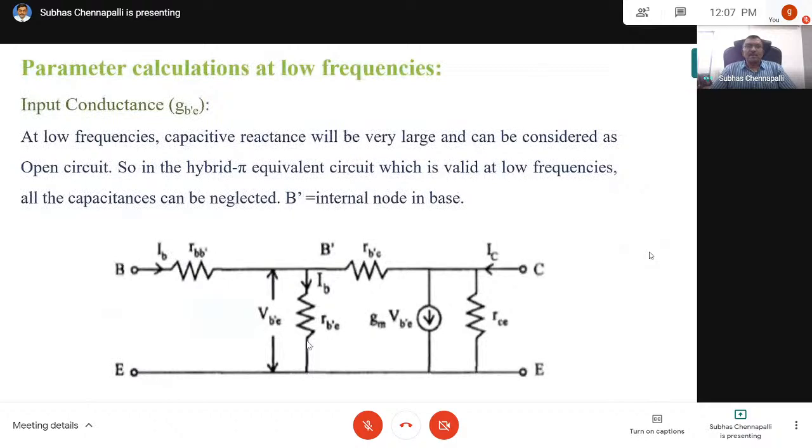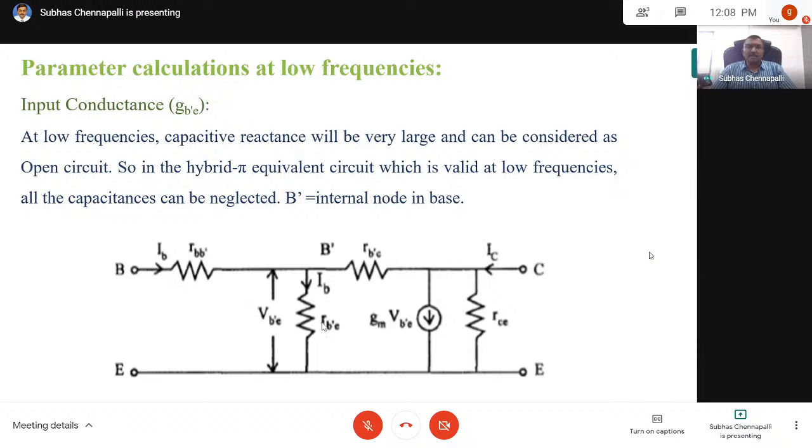Then we have to calculate RBB dash, RB dash E, RB dash C, GM, GB dash E, RCE, formula we have to arrive at. That is the analysis. For easy analysis, I imagine one internal node called B dash. With respect to these nodes B, B dash, C, E, I'm naming these components.